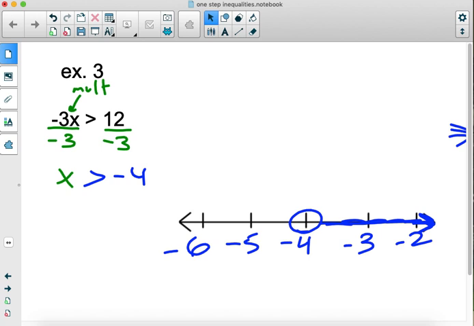Somebody give me a number, Heidi. What's a number that would be on this graph? Any number. -3. Alright. You guys agree -3 is on this graph? Yes. So I'm going to put -3 in for x.